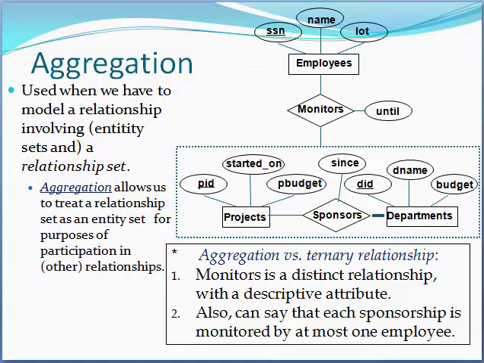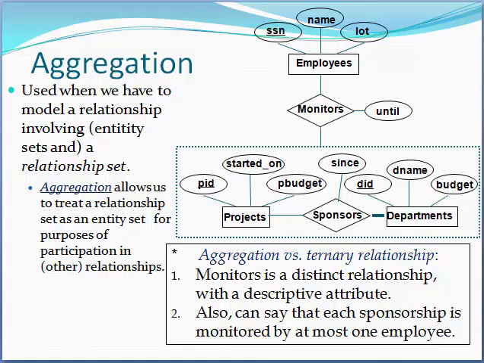What is aggregation? Aggregation is used when we have to model a relationship involving an entity set and a relationship set. These are the entities, projects, departments, and they all have an entity set. You can see student.